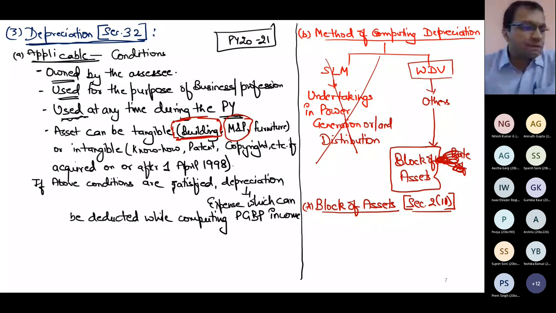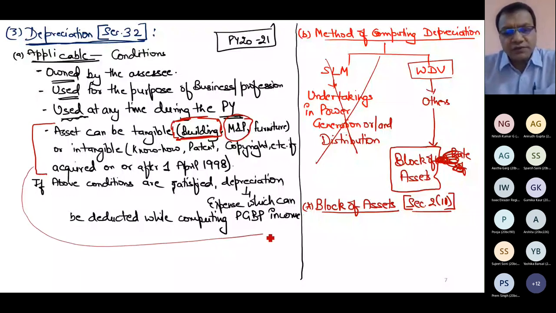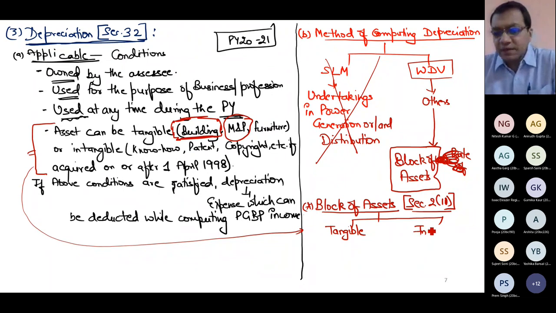Let me simplify it. It is the same as this condition. That there are two categories, tangible and intangible. So whatever is my fourth condition in applicability, same thing is block of asset.